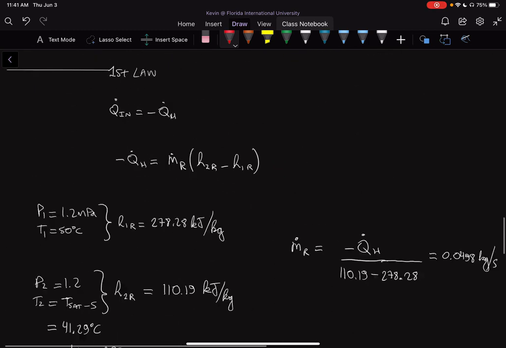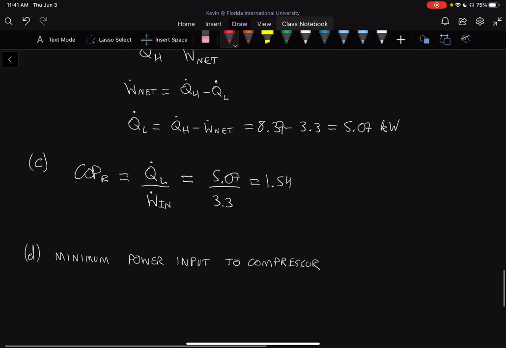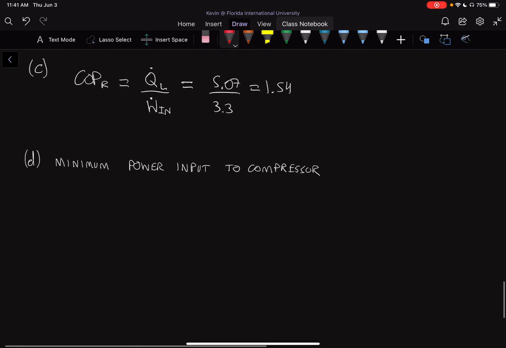So the minimum power is achieved in our system how? So we have to look at our equation for COP. So we know that COP is equal to Q dot L over work dot in. And we're told in the question that we cannot change Q dot L. So Q dot L does not change. So what is the minimum power that we can use?